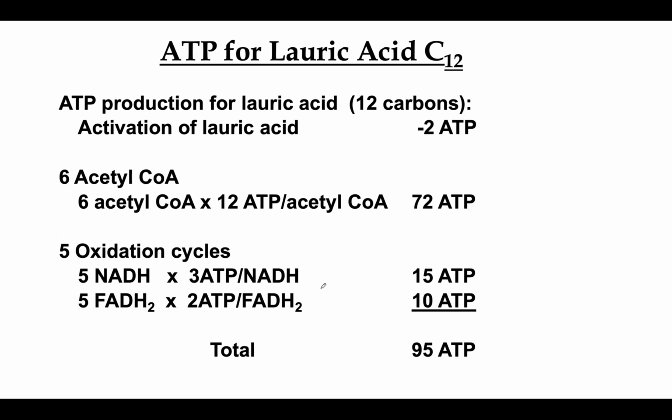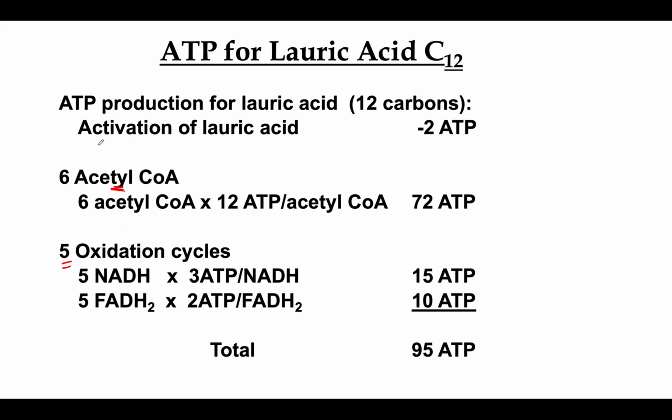So let's take the example of lauric acid. I just took an arbitrary fatty acid. Lauric acid contains 12 carbons. So a 12 carbon containing fatty acid will lead to the production of 6 acetyl coenzyme A molecules, and the number of cycles that I will require to metabolize lauric acid completely is 5.